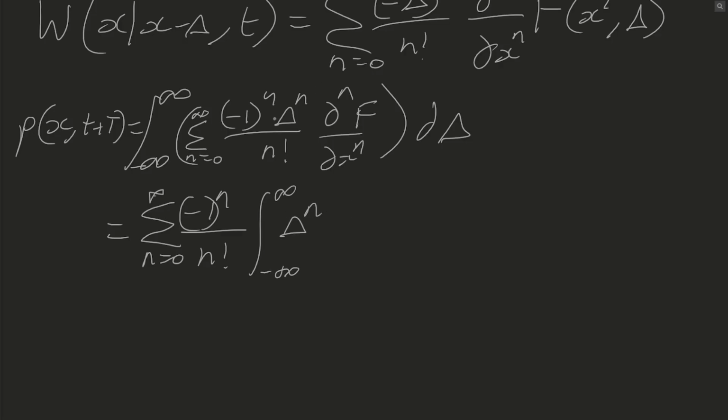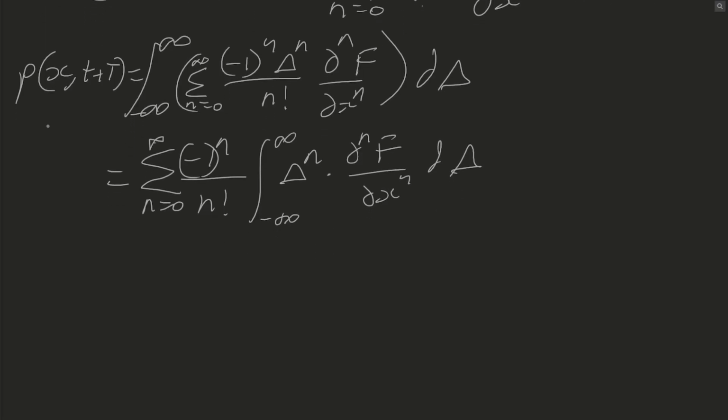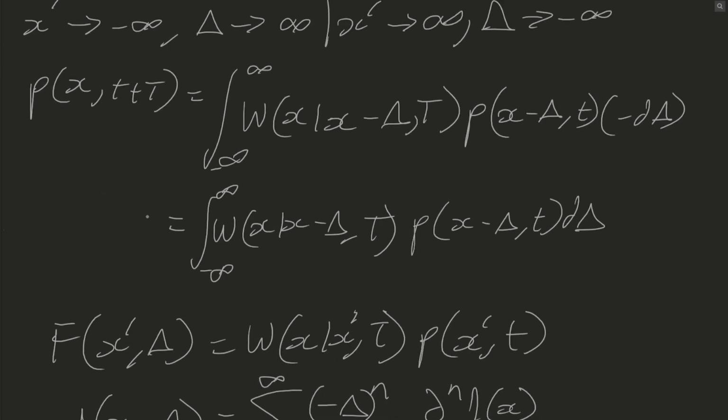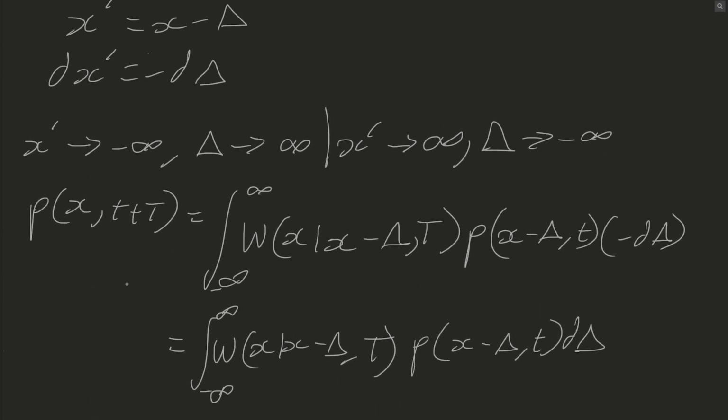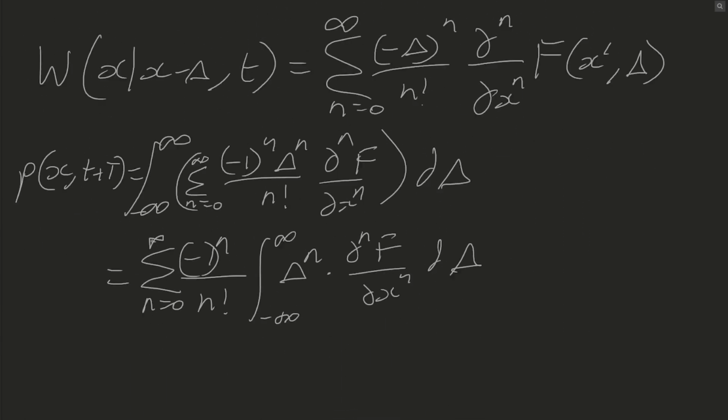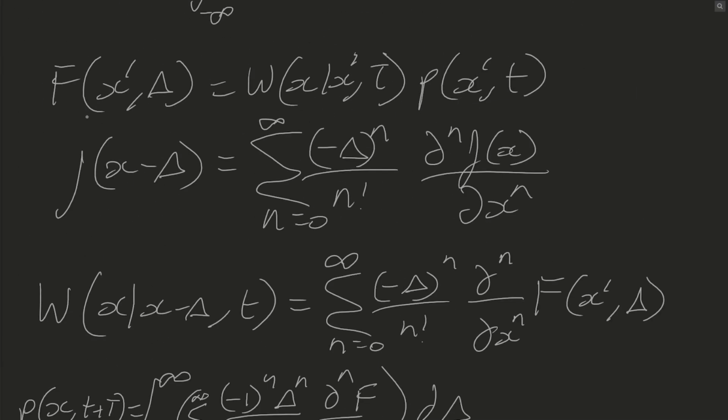Of course that delta depends, so we can split that down there, times the nth derivative of f, x to the n d delta, and that is our Taylor series expansion of our probability density equation. That's supposed to be an integral. Sorry, that's supposed to be little f. There we go.